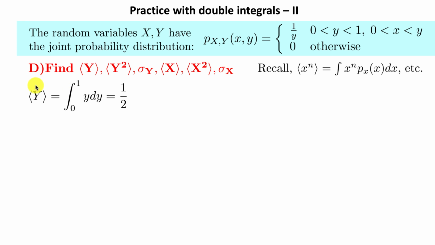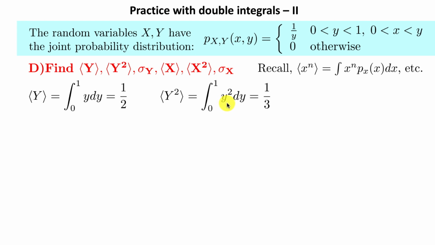So we can calculate the expectation value of the random variable y by taking y from 0 to 1. That's because we discovered that p_y of y is equal to 1 in this range. And so clearly the average value of y is a half, very trivial. The average value of y squared will be y squared into p_y of y, which is 1, of course, as before.